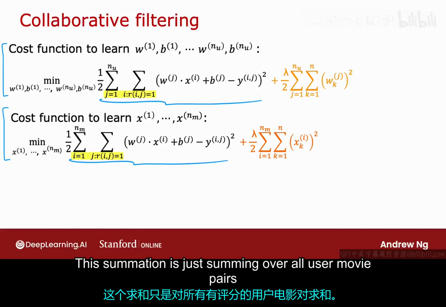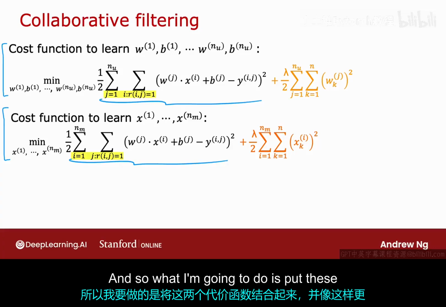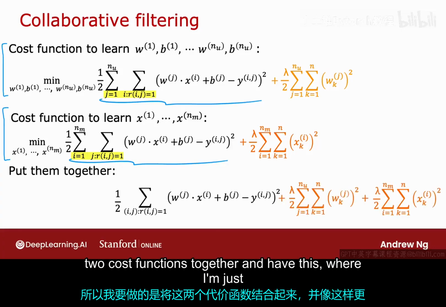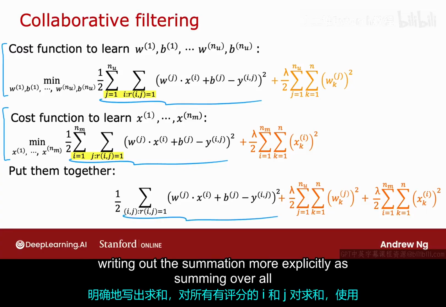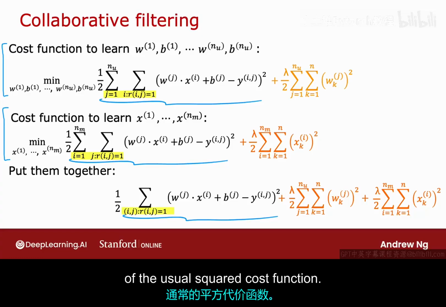This summation is just summing over all user-movie pairs where there is a rating. And so what I'm going to do is put these two cost functions together and have this, where I'm just writing out the summation more explicitly as summing over all pairs i and j where we do have a rating of the usual squared cost function.